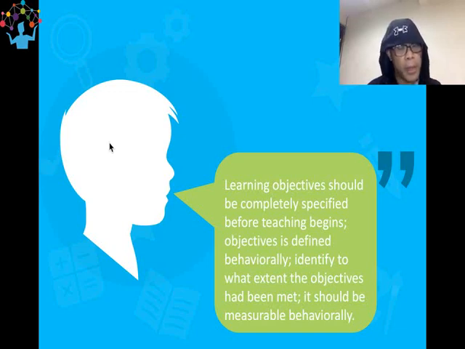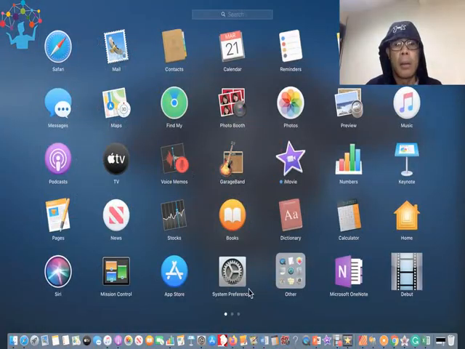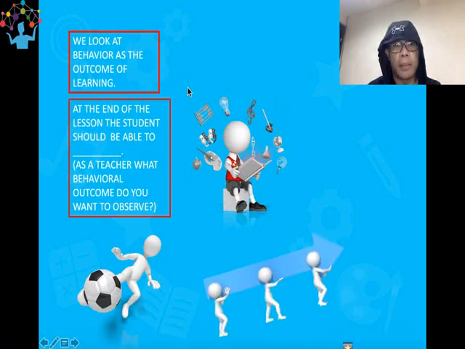Take note, it should be behavioral. Identify to what extent the objectives have been met. It should be measurable behaviorally. We look at the behaviors as the outcome of learning.